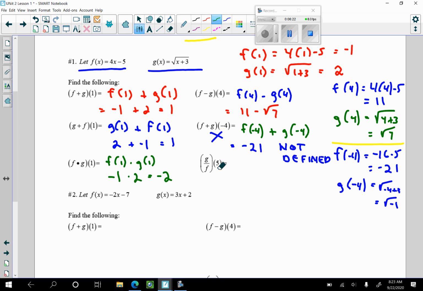Now g divided by f of 5 is simply going to be g of 5 divided by f of 5. And g of 5 is going to be the square root of 5 plus 3, which is 8. And f of 5 looks like it is going to be 15. And that is certainly defined.